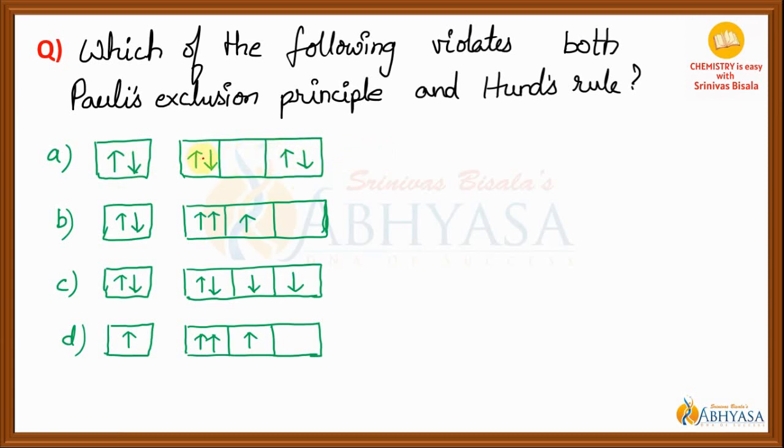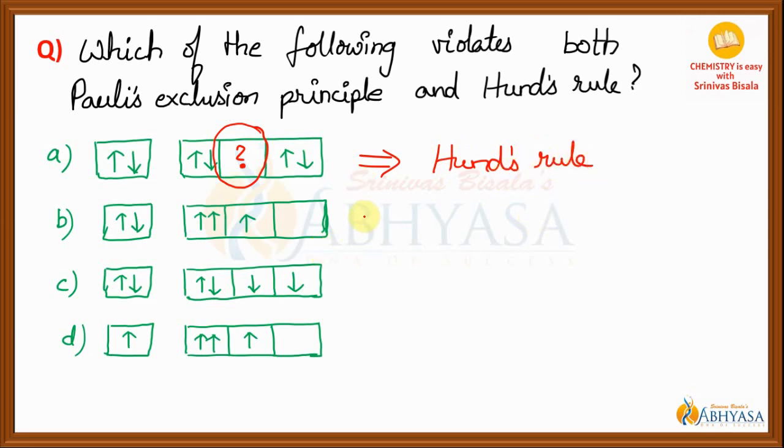There should be one electron in all the orbitals, then only pairing should take place, isn't it? But here in this particular orbital, there is no electron, but pairing already took place in these degenerate orbitals. So that is the reason why this particular electronic configuration is not following Hund's rule. So this is wrong according to Hund's rule.